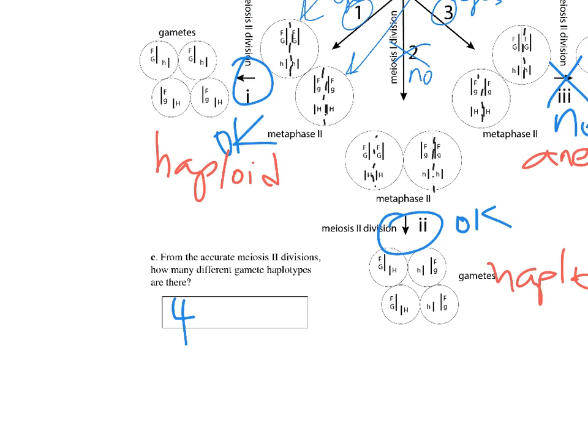Okay, so capital F, capital G, and then what? And then a semicolon, H. Which did that come from? That came from those gametes. Okay, what are other haplotypes? Capital F, lowercase g, lowercase h.